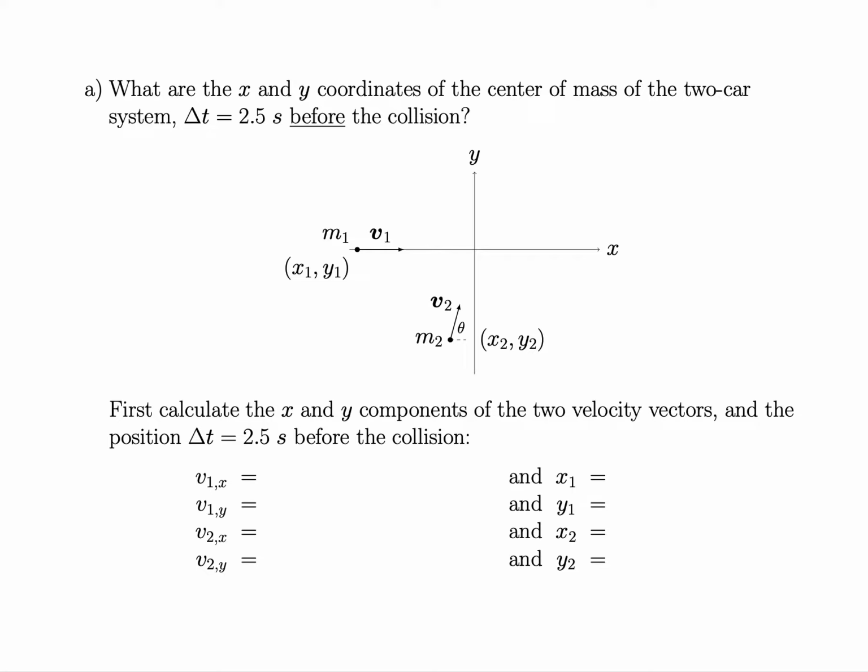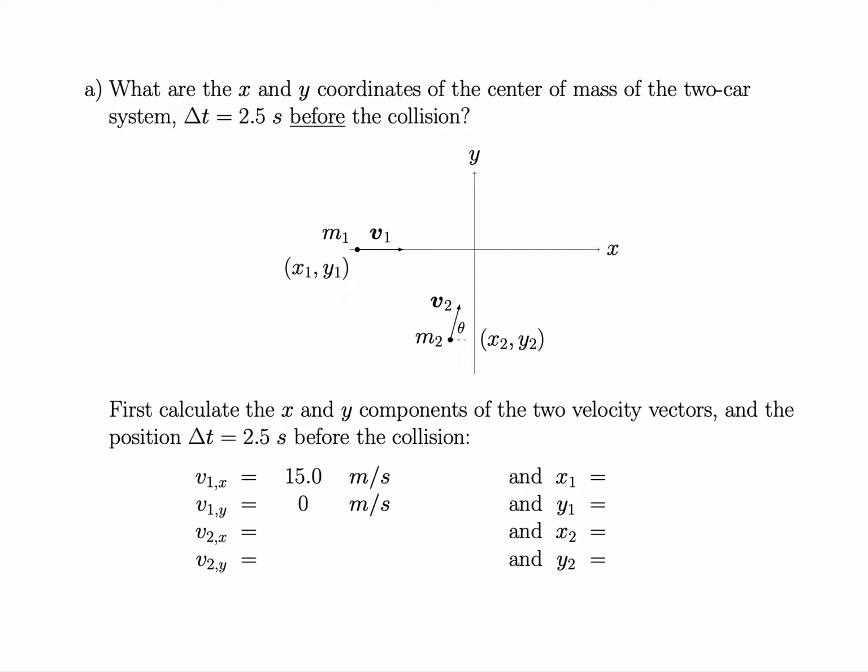In the diagram there, I've drawn the two masses and two velocity vectors, and we're imagining they're going to collide at the origin. It's pretty easy to pick off the x and y components of the velocity vector for car 1, because it's moving all in the x direction and not in the y direction. Here we're mapping x to east and y to north.